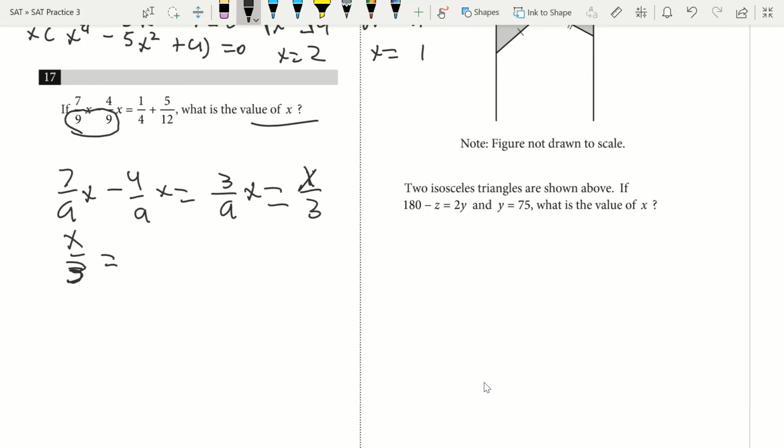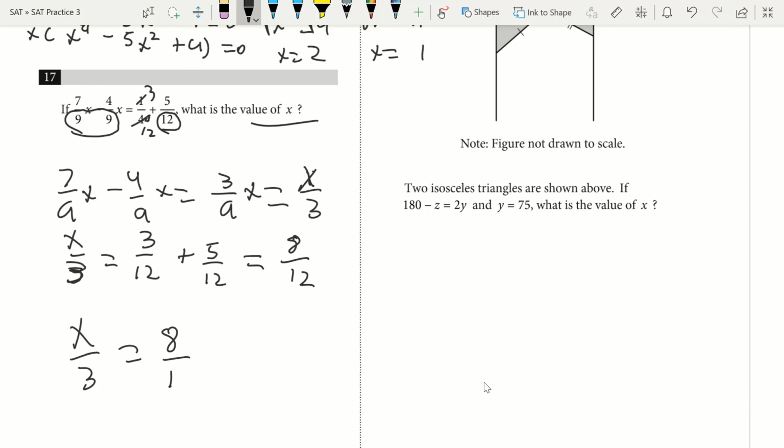So x over 3 will equal 1/4 plus 5 over 12. Well, we know our lowest common denominator is going to be 12. If we multiply 4 by 3, we get 12, so we have to multiply our top numerator by 3, and we get 3 over 12. So that's going to equal 3 over 12 plus 5 over 12, which gives us 8 over 12, right? So x over 3 equals 8 over 12.